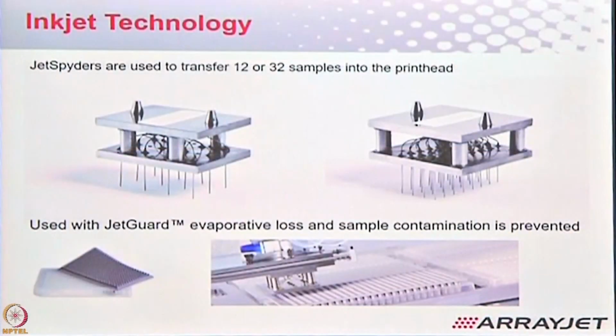So you can see that the jet spider is in-house patented and developed. It can simultaneously aspirate a set of 12 samples together and print them simultaneously. So it's not just 1, 1, 2, 2. It goes 12, 12 at 20 meters per second, then goes back, picks up another 12, goes back, prints it again, 20 meters per second.